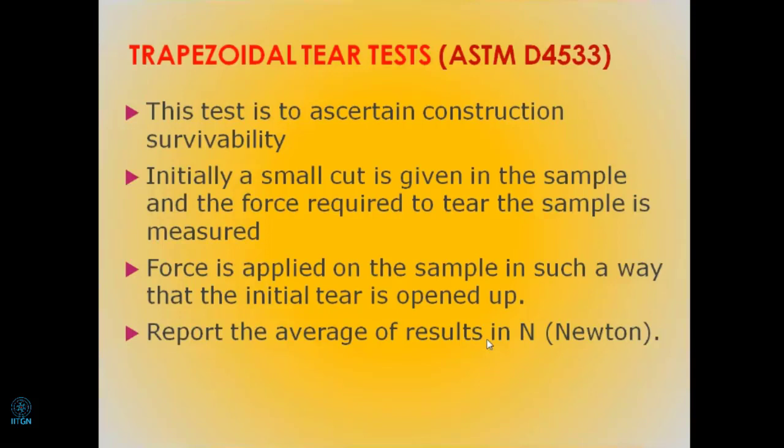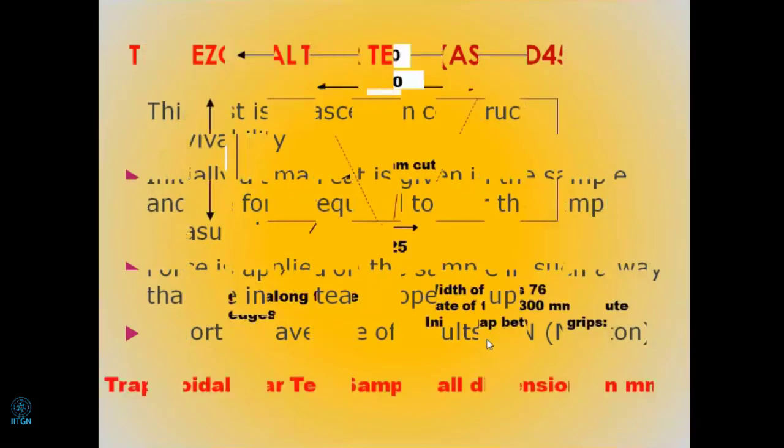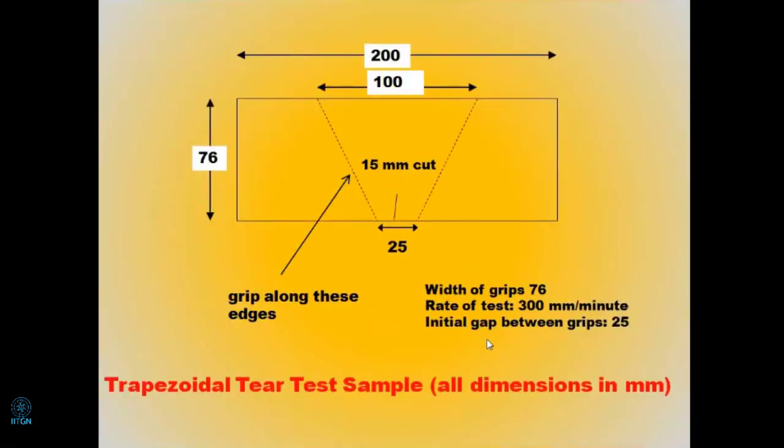Initially, a small cut is given in the sample like this. This is the sample size. The dotted marks show where the grips go along these edges. We have to keep our grips there. And this is the mark, the initial cut we have to put. The width of the sample is 100 mm at the top and 25 at the bottom.